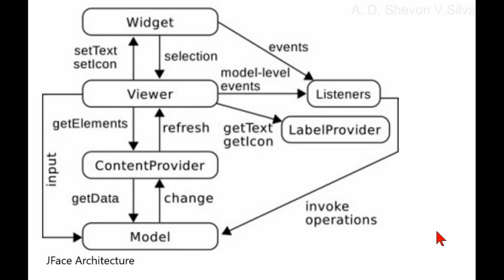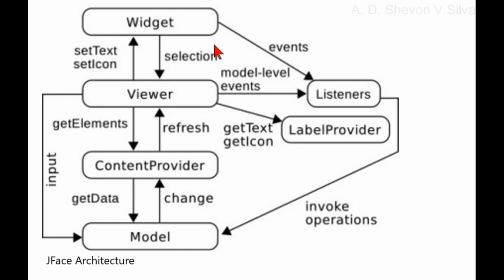Each mechanism has its merits. On the one hand, the content provider observes the model anyway, so the label provider can often remain passive. On the other hand, some generic label providers, such as those used in data binding, may wish to avoid relying on a specific content provider.